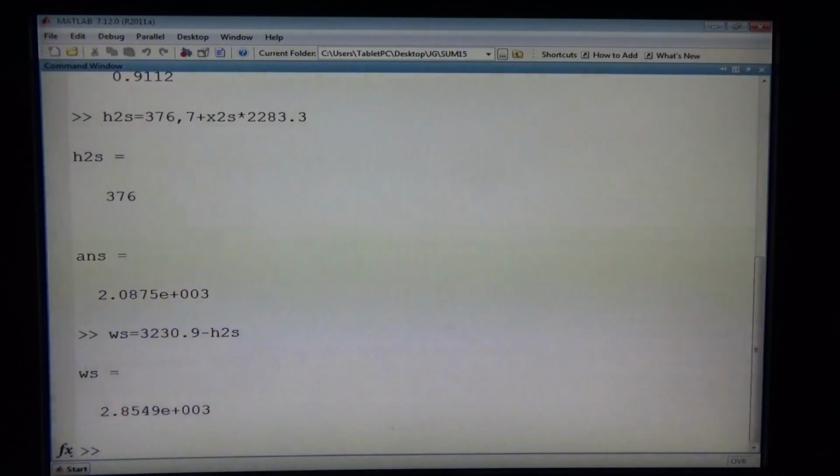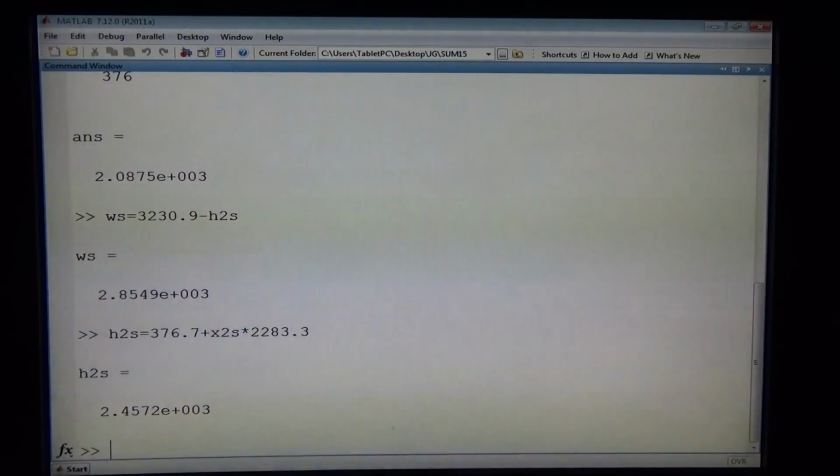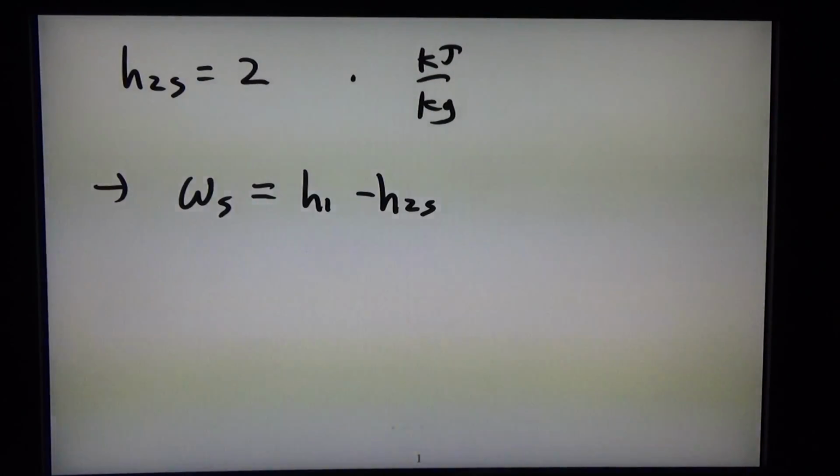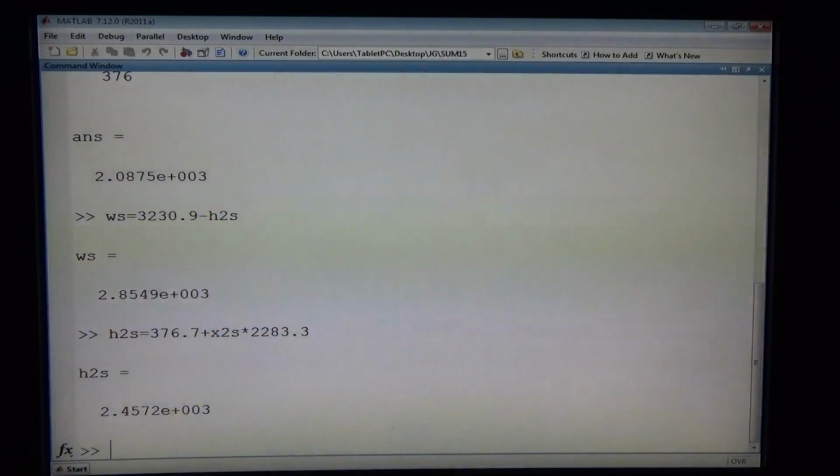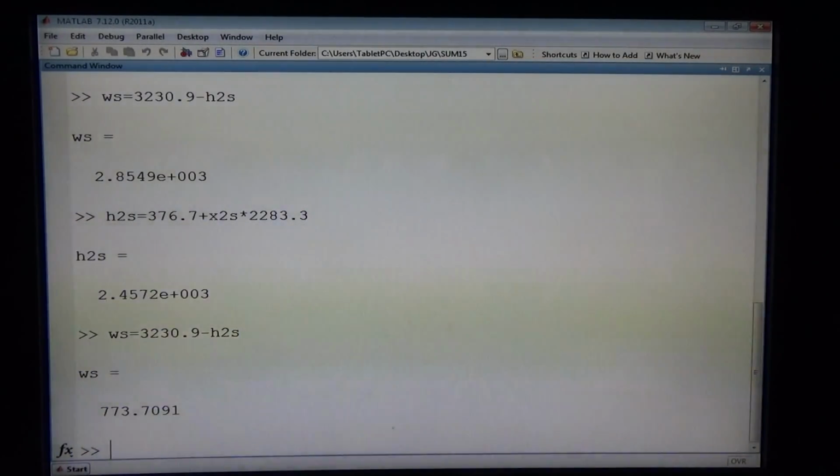This should be up here, 376.7. So that gives us H2S, I wrote it down wrong. H2S is going to be 2457.2. Now if we calculate the isentropic work, it looks more reasonable, 774.